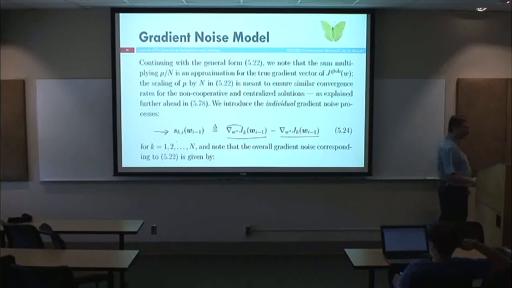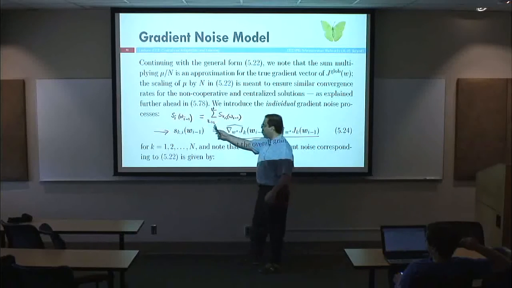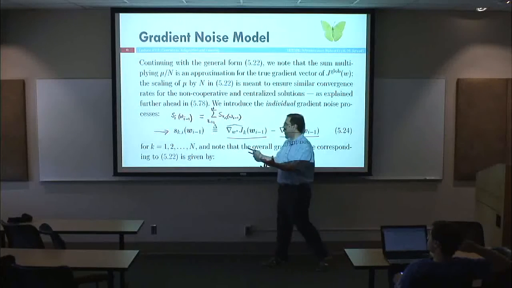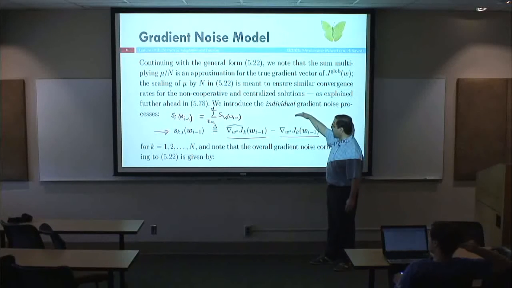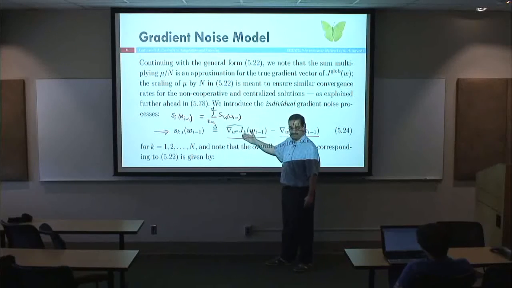Very good. What would be the overall gradient noise for the centralized solution? It will be the sum of all of these s_k, for k going from 1 to n, because the gradient noise for the centralized solution is the difference between the actual gradient of the aggregate cost, which is the sum of gradients, and the approximate gradient for the aggregate cost, which is the sum of the approximate gradients.